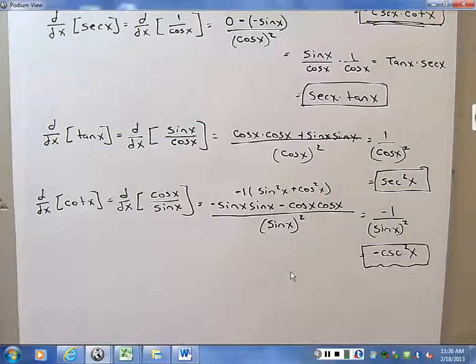And I want to know how fast is the ladder changing? How fast is it sliding down? I might want to know how fast is it moving against the wall. So this has tons of applications in engineering and physics. So I need to be able to write an equation and then differentiate it. So if you think of sine, cosine, tangent in civil engineering or physics, all over the place.